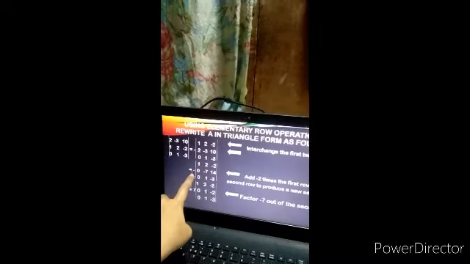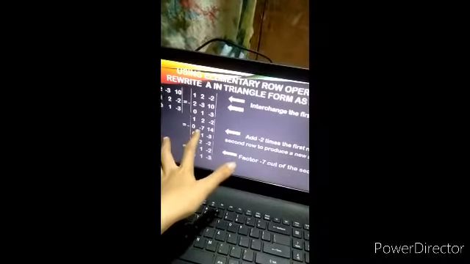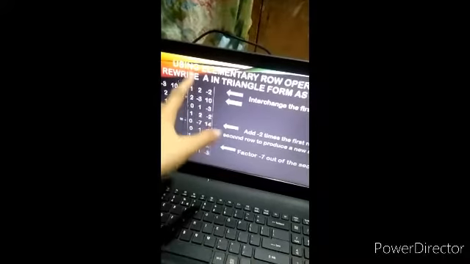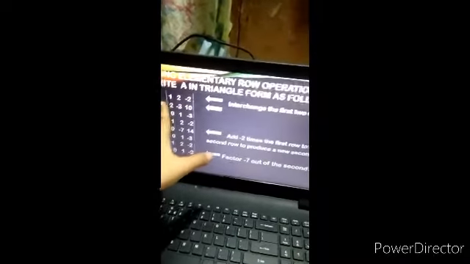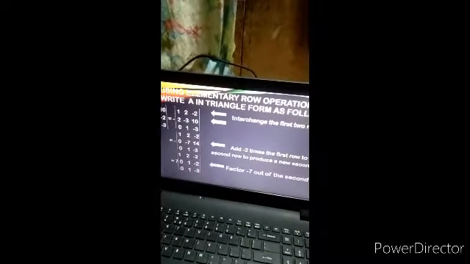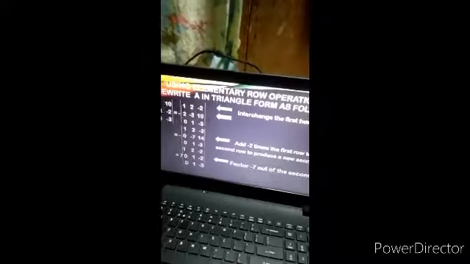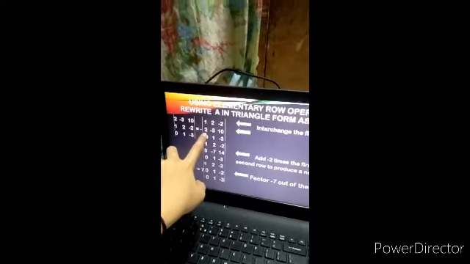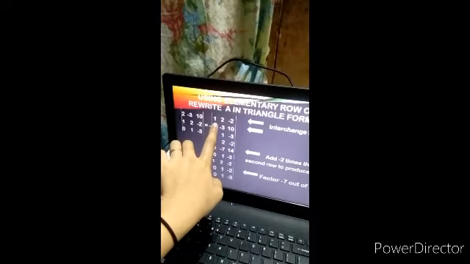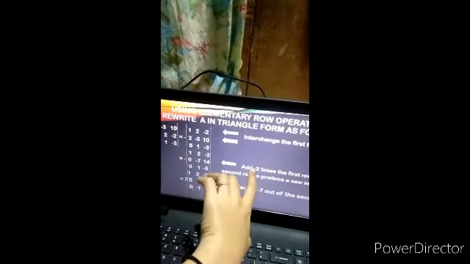Okay, so now, to produce a new second row, we need to add negative 2 times the first row.